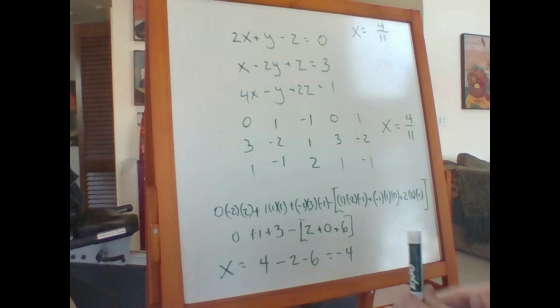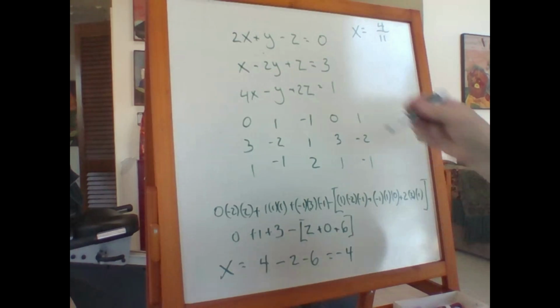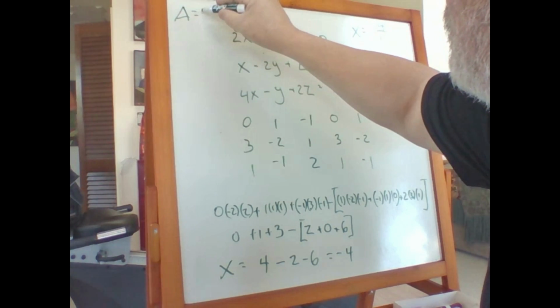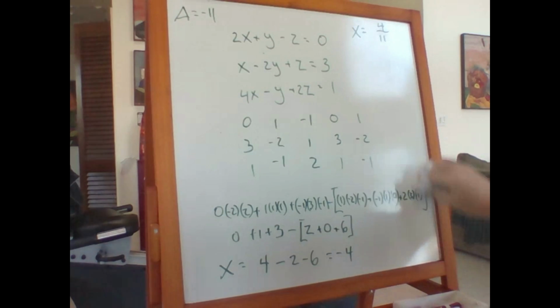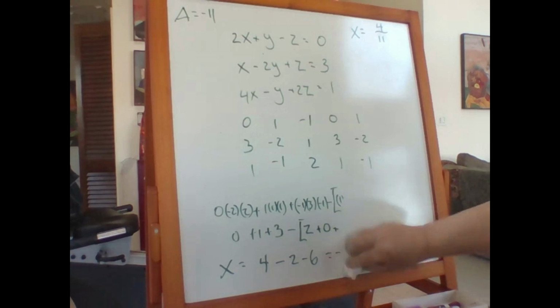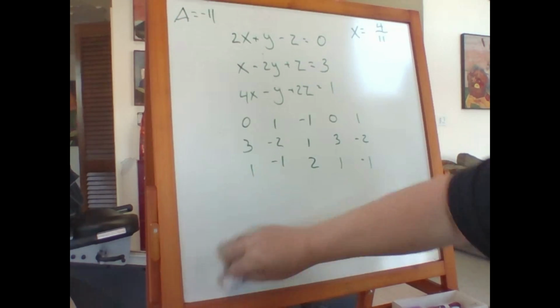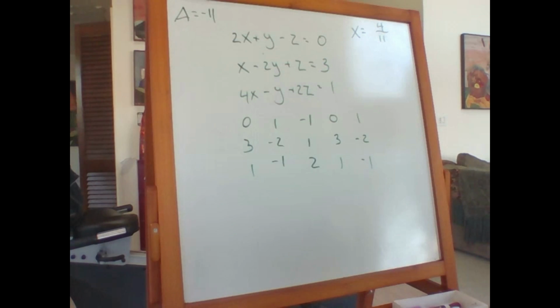All right, and we don't want to lose our determinant. Our determinant is minus 11. All right, now we want the y variable. Yes, this is labor intensive, but it's a lot easier than trying to find ways of eliminating variables.